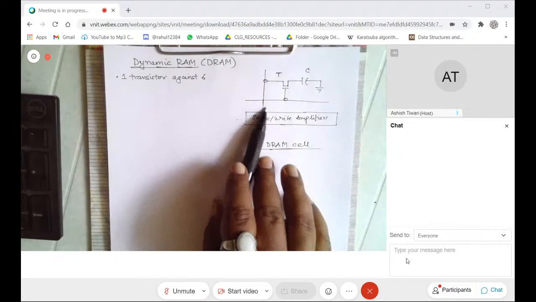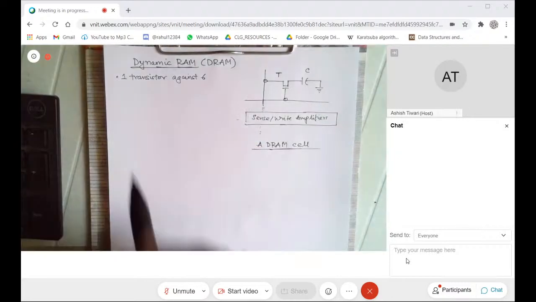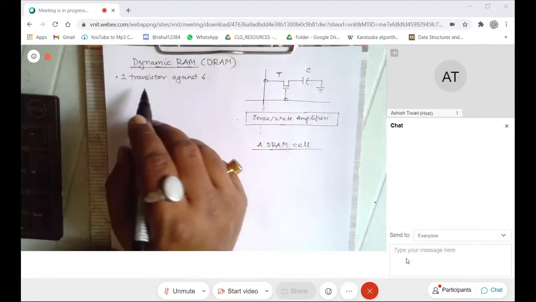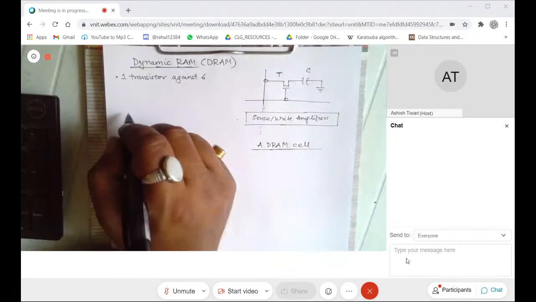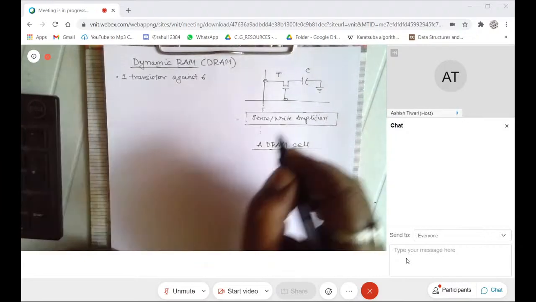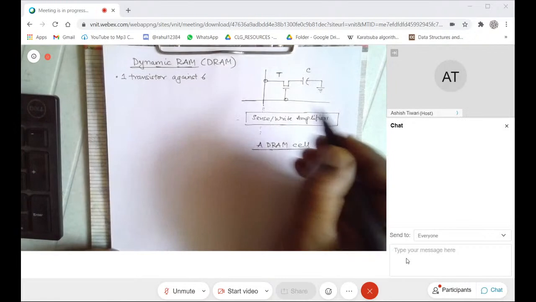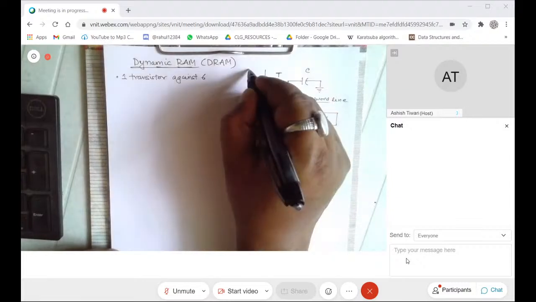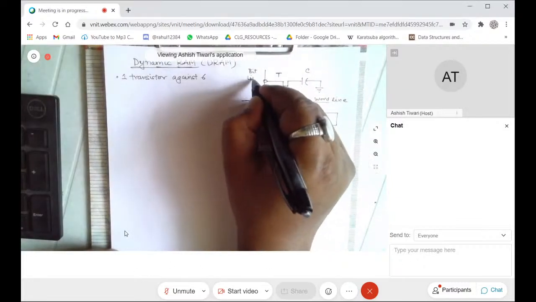Only the difference is in the cell, so this part changes. If I contrast this with the SRAMs, I have one transistor against six. This is the word line, and this is the bit line.